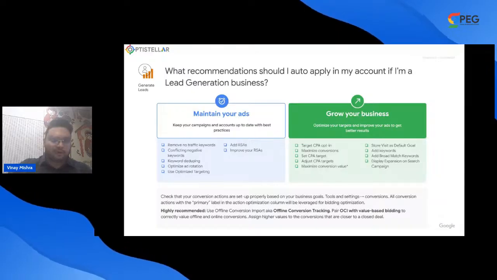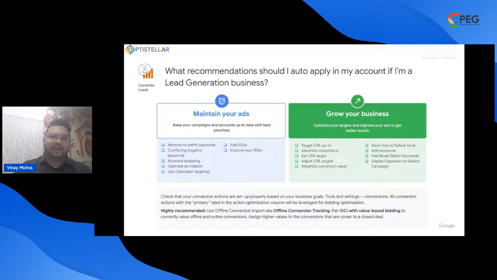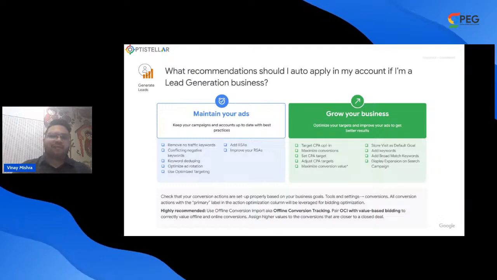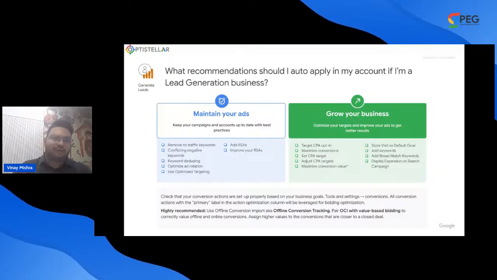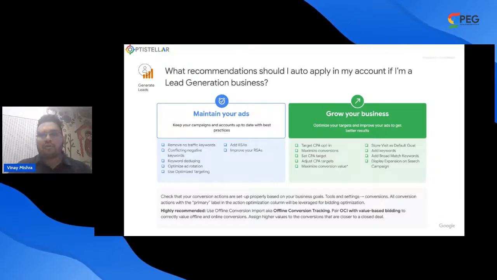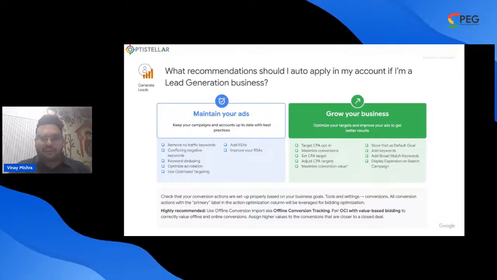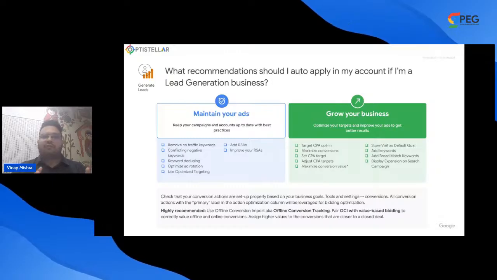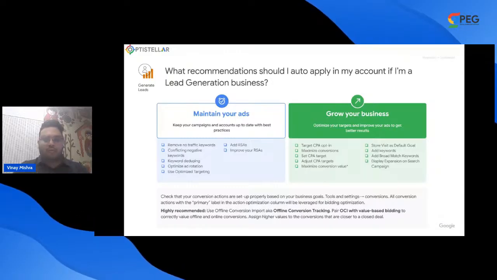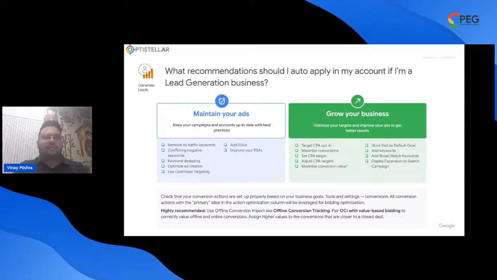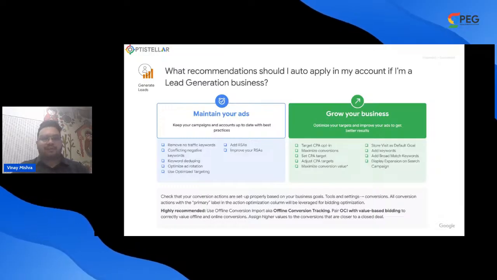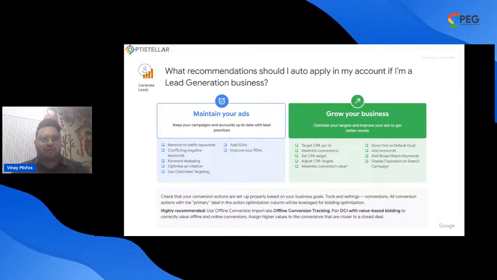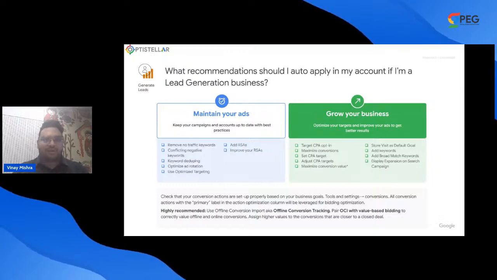Every lead generation form being filled might not bring a value, or if it is adding a value, it is not necessarily adding the same value every time you get a lead, right? So with respect to that, it is important to keep your campaigns and account up to date with the best practices. We have already seen in the past how auto apply recommendations help you remove no traffic keywords and conflicting negative keywords.